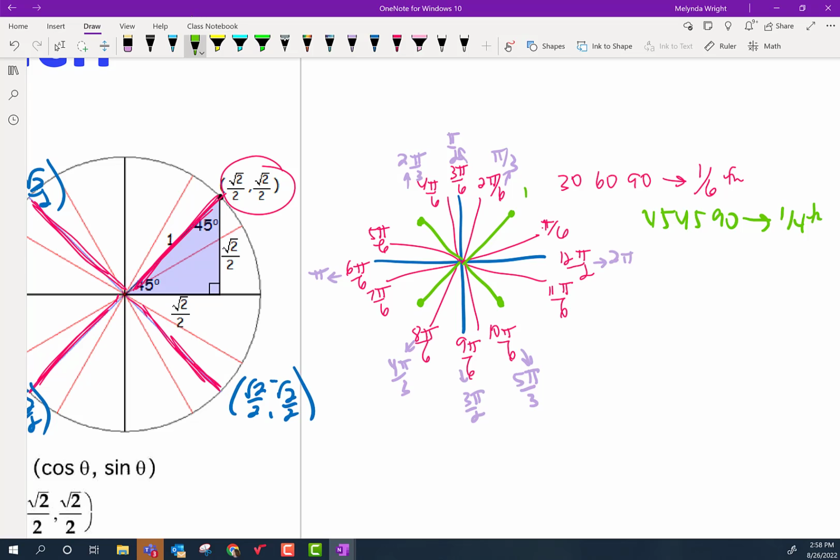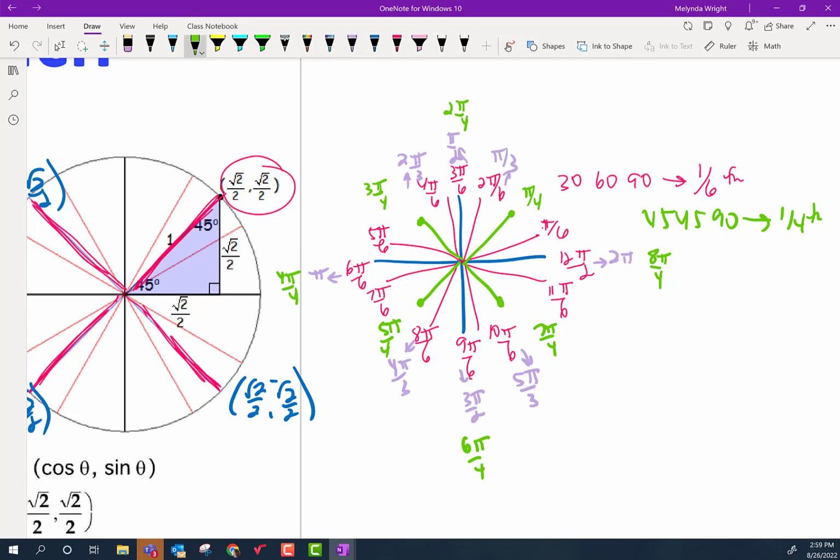So we have 1 pi over 4, 2 pi over 4, 3 pi over 4, 4 pi over 4, 5 pi over 4, 6 pi over 4, 7 pi over 4, and 8 pi over 4. Okay, so we just counted in fourths.